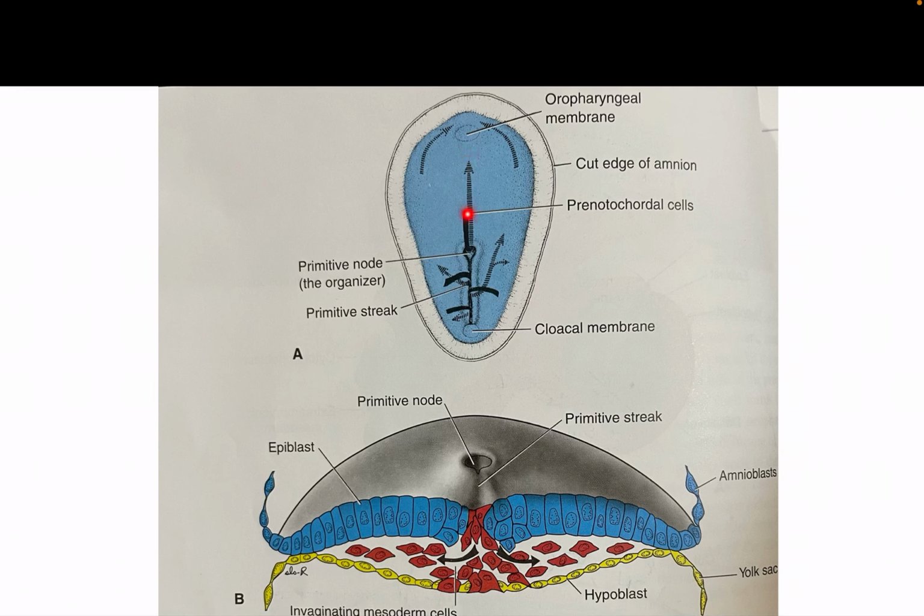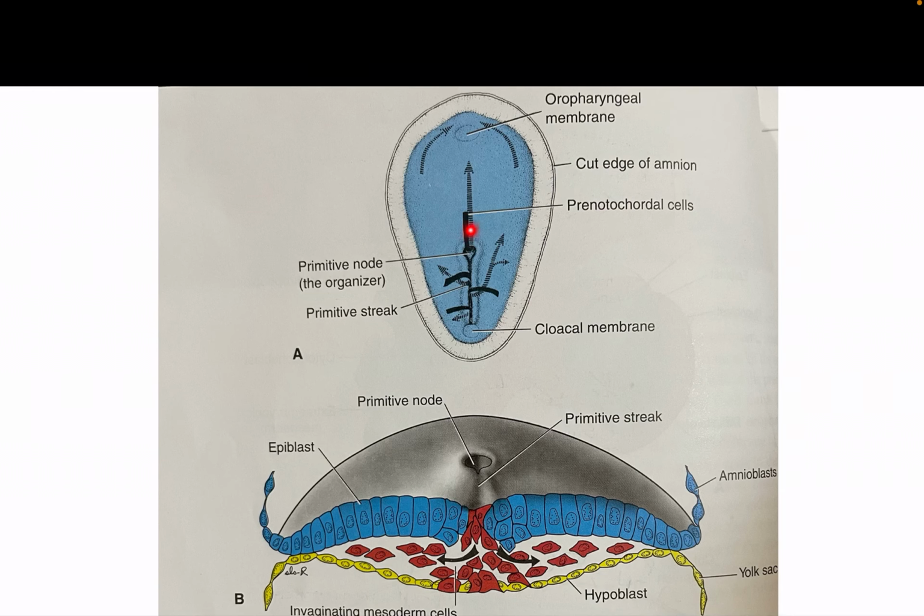Then the cells behind that, from the prechordal plate up to the node, are named the prenotochordal or notochordal cells. So two things will be present in the midline: most anteriorly the prechordal plate, and second the prenotochordal cells or notochord.